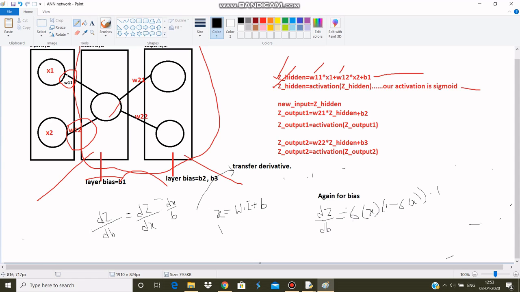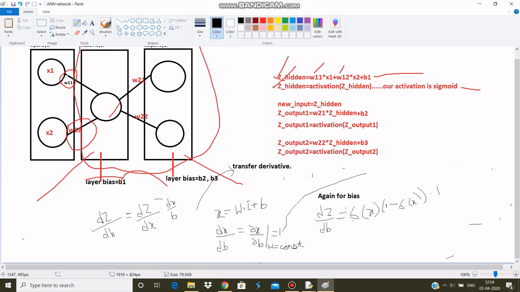Okay, so x is w dot I plus b. When we find dx by db, that will give us del x by del b, keeping our weight as constant. So this will give us 1.